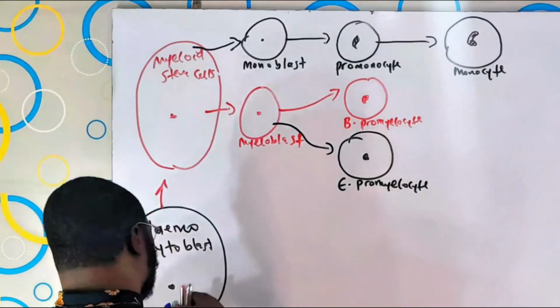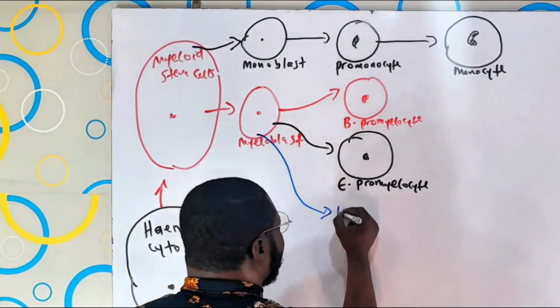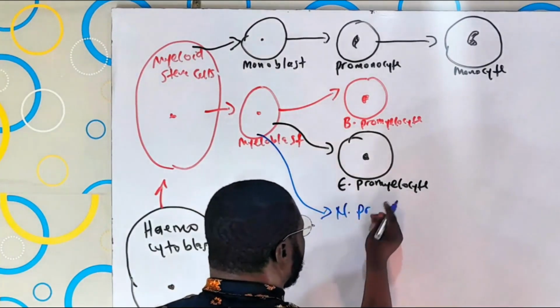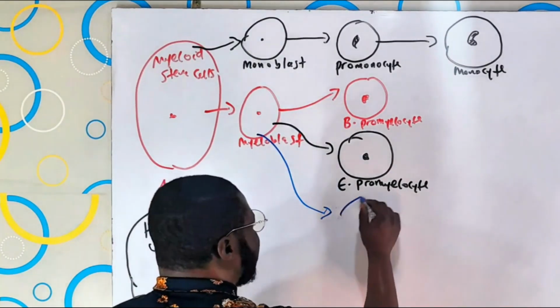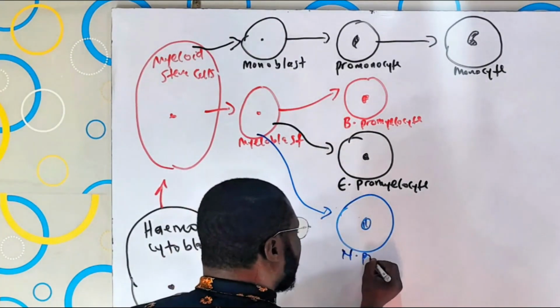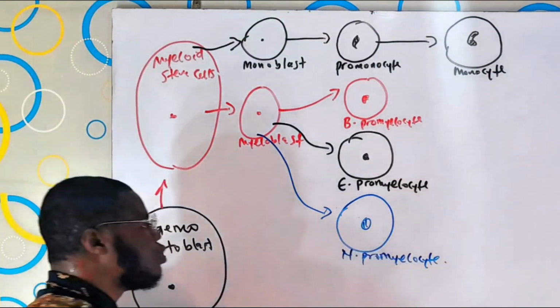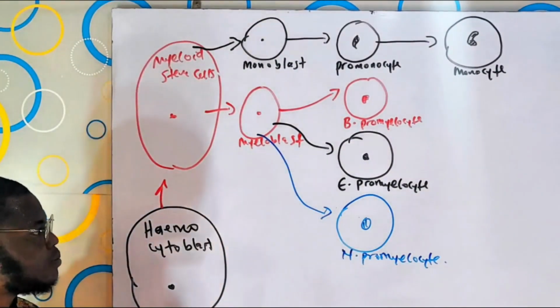And finally, it can also become the what? The neutrophilic promyelocyte. Cool. Now, after that, what next?